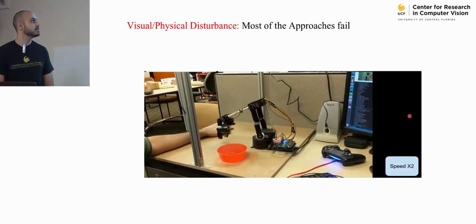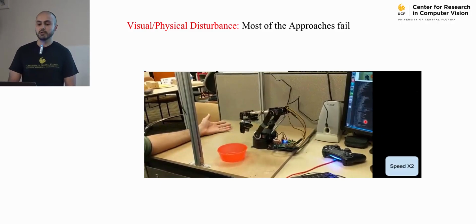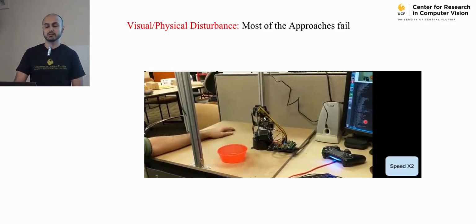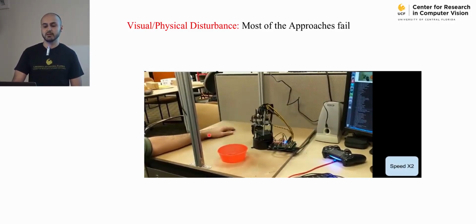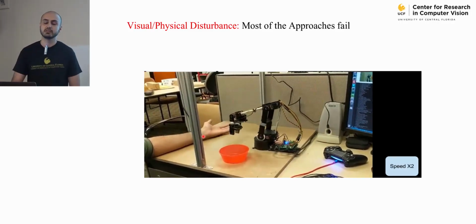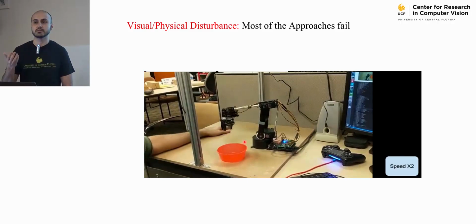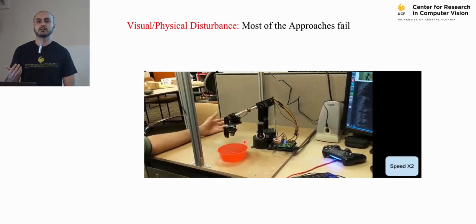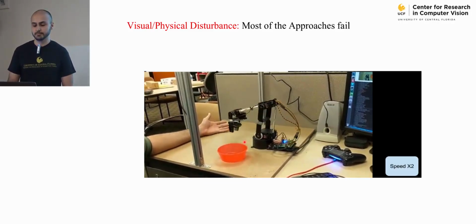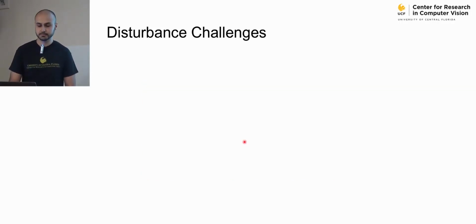As you can see in this example, most of the policies fail during disturbance. Like in this case, when my friend brings his hand into the visual field of the robot, it starts moving like a crazy person because it goes to a state that it hasn't seen before, right? And we want to solve that.